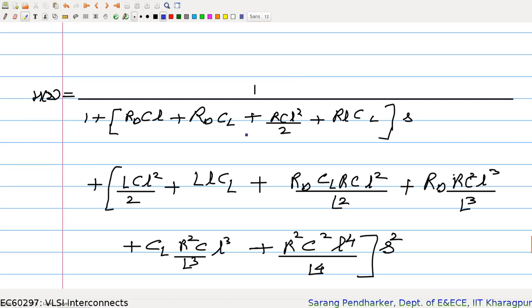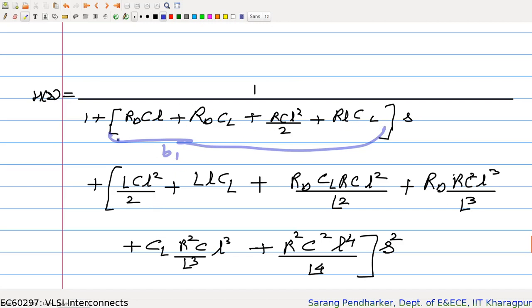If I now compare this expression with the equivalent Elmore model, this term comes out to be the same. So you can see that from the exact model also the coefficient of my S comes out to be the same as that for my Elmore model.